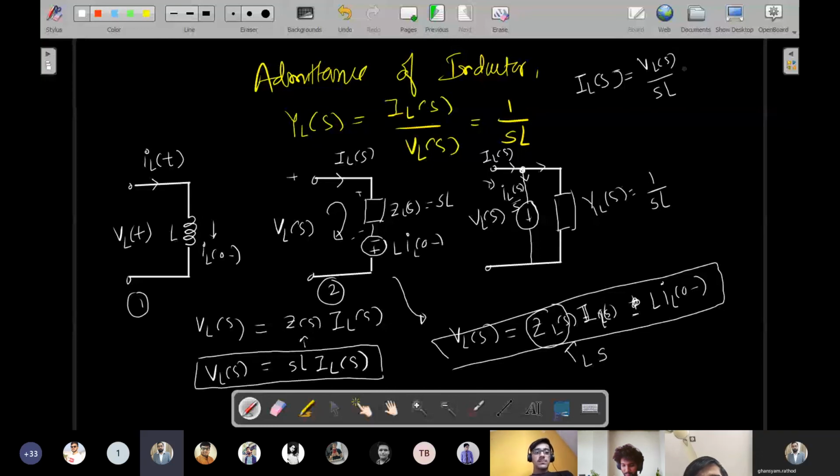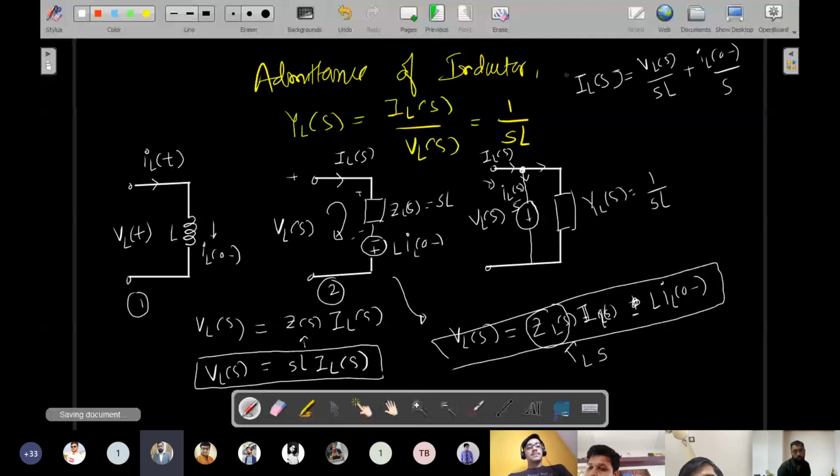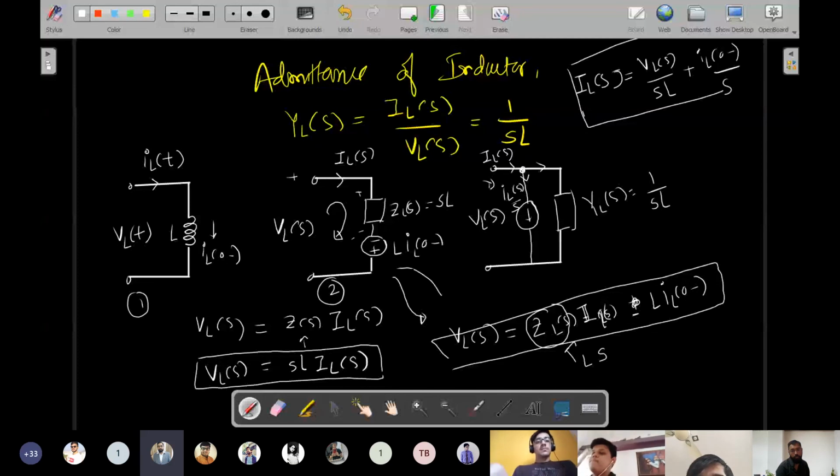And this is another current, I_L of 0 minus upon S. So this circuit proves the second equation of current. From this circuit I have solved this equation. This is how we convert, and this circuit is for admittance. Third one is for admittance, second is for impedance, and first is showing the time domain.